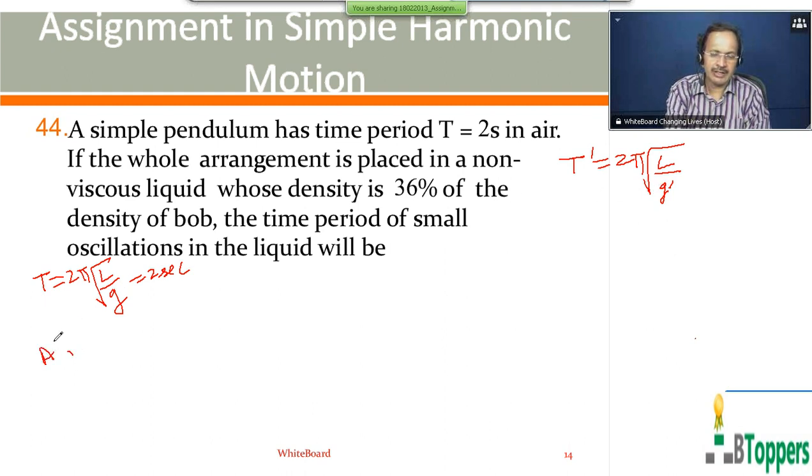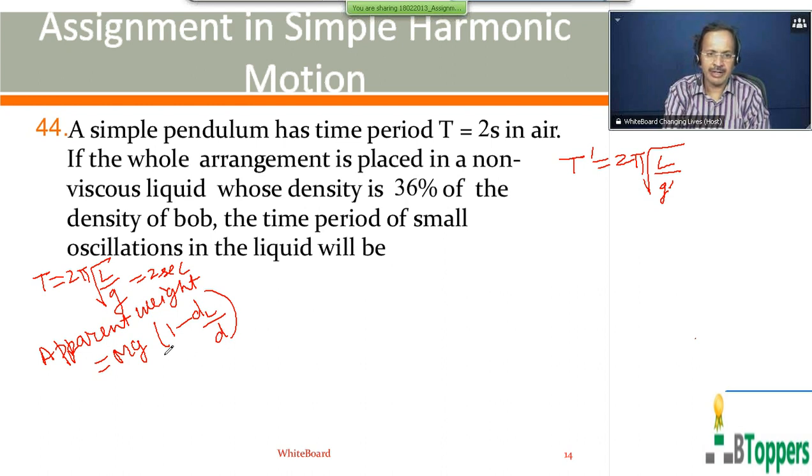As discussed earlier, the apparent weight for a body of mass m, when it is completely immersed inside a non-viscous liquid of density dl, is given by mg into (1 minus dl by d), where d is the density of the material of the solid body and dl is the density of the liquid.